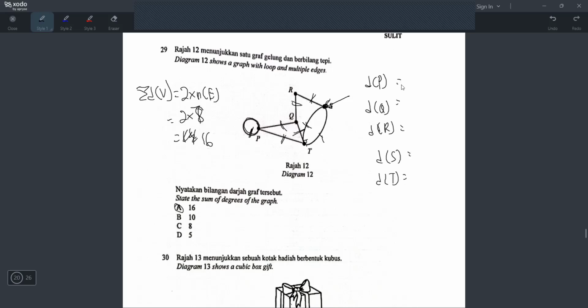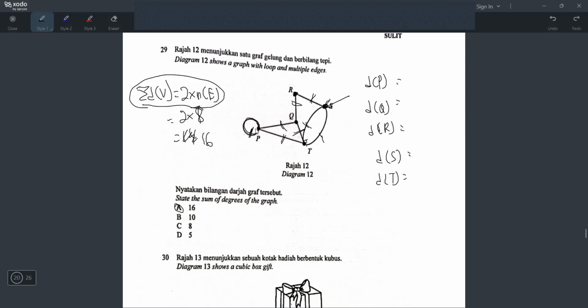Sometimes if they want to find the sum of degree, then you can take 2 times the number of edges. But you can only use this formula when you want to find the total sum of degree of all the vertices. But sometimes they will ask you to find the degree of vertex R. Then you cannot use the 2 times number of edges formula. Because if they ask for a single vertex's degree, you have to know how to calculate separately.